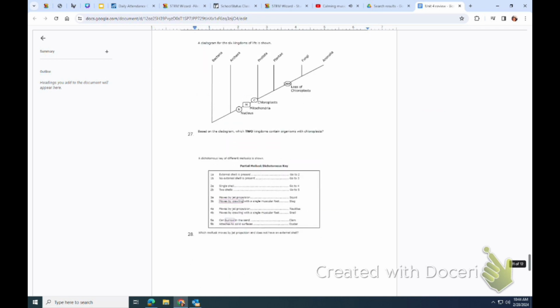This is where we are now, number 27. We've got this cladogram. 6 kingdoms of life are here. Based on the cladogram, which 2 kingdoms contain organisms with chloroplasts? Alex. Protista and what? Look again. You got one of them right.